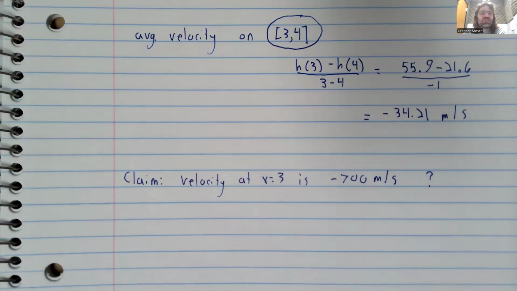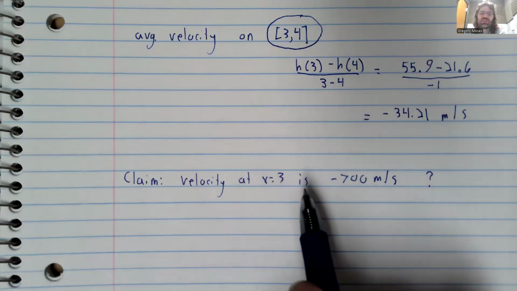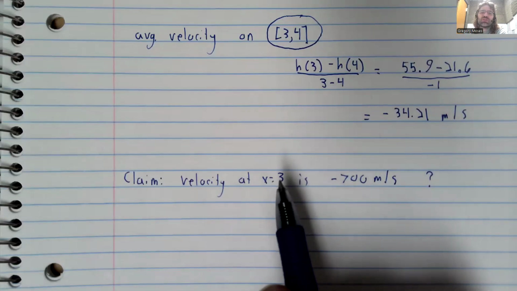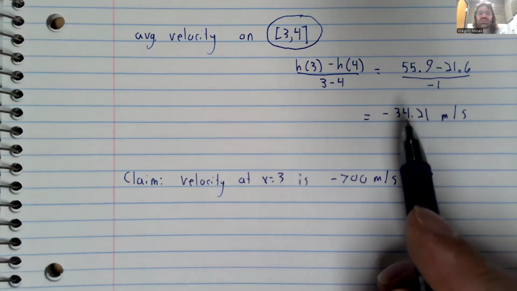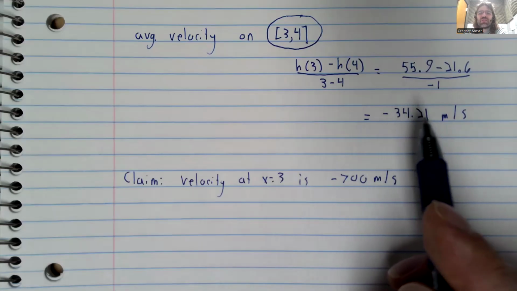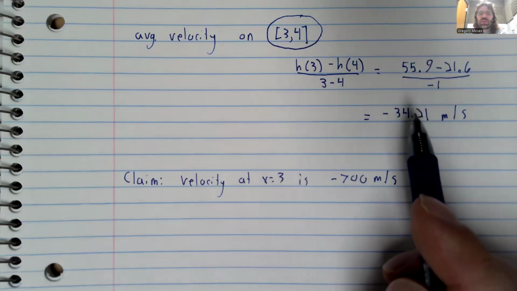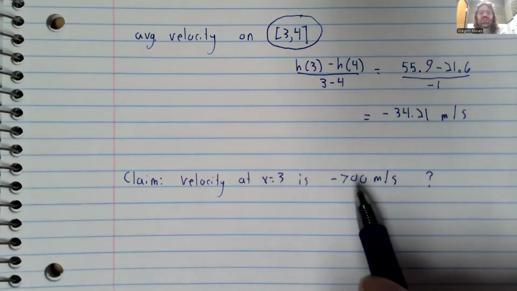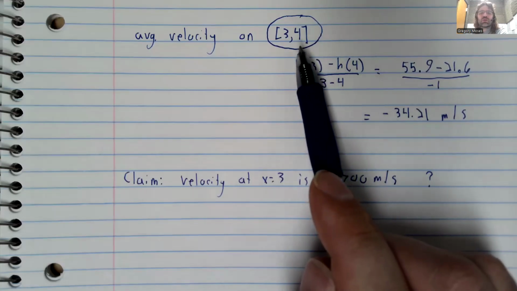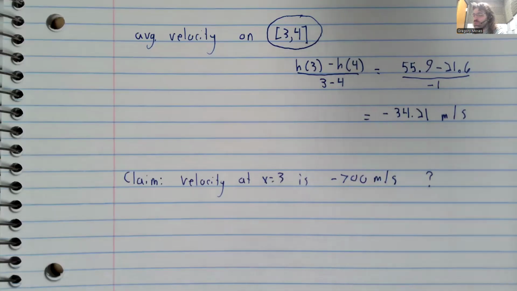Probably most of us would dismiss this. Probably most of us would say, well, if the average velocity on this second is negative 34 or thereabouts, it's extremely unlikely that we were achieving a velocity of negative 700 at the start of this interval.